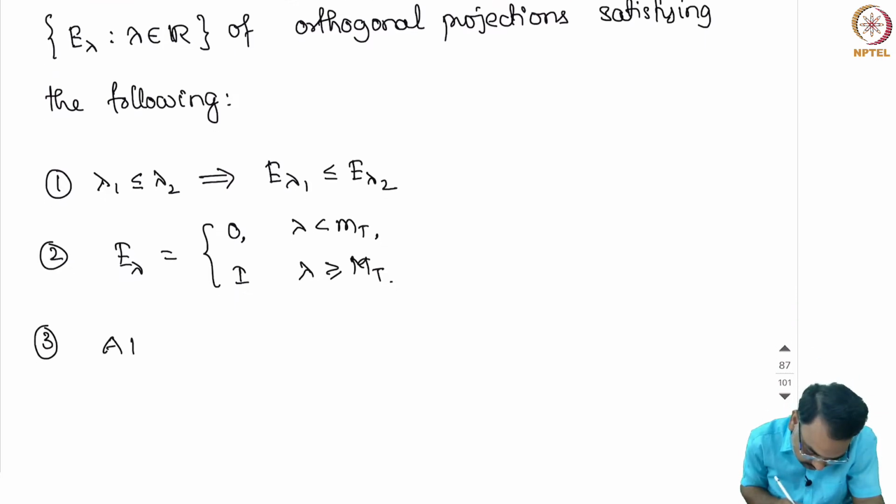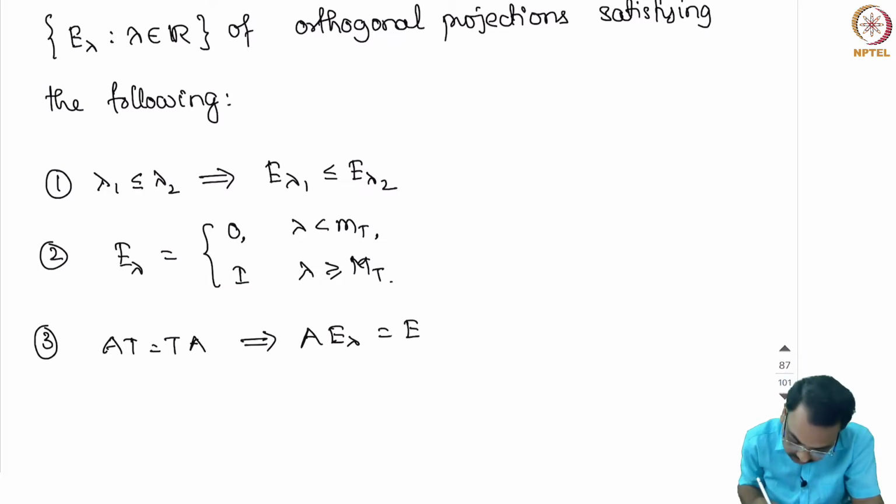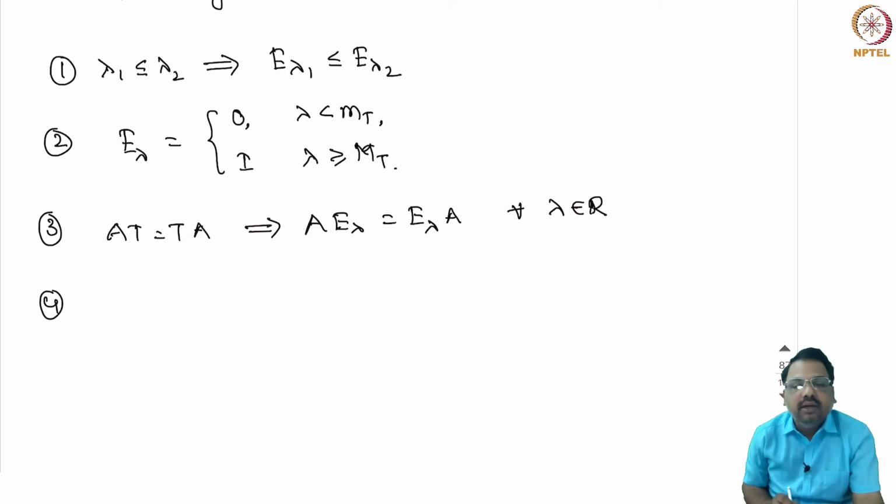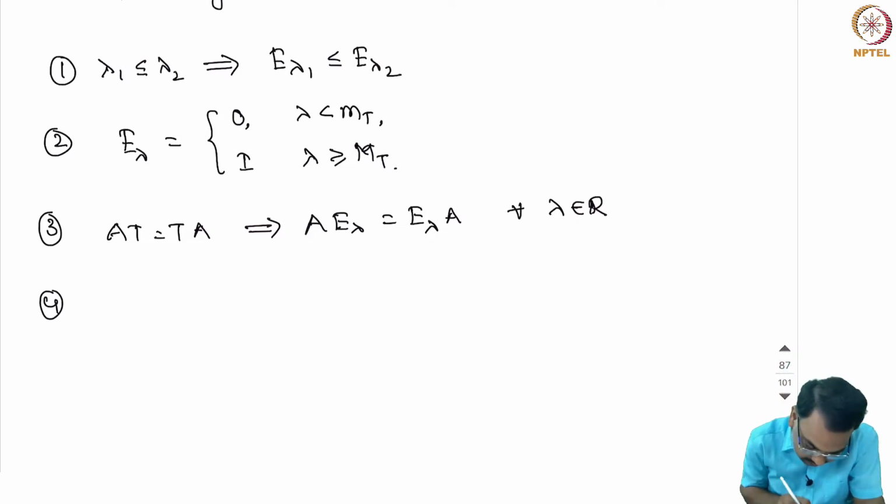The third condition: if AT equals TA, then A commutes with E lambda, that is, A E lambda equals E lambda A. The fourth condition is that E lambdas are right continuous.